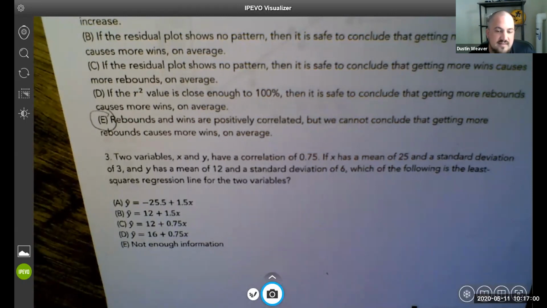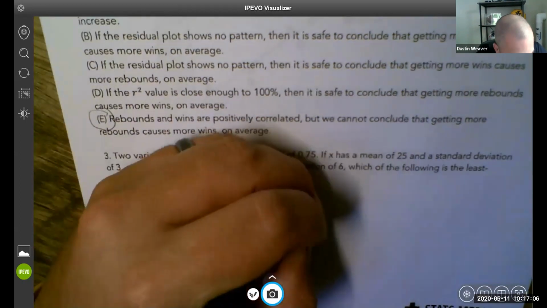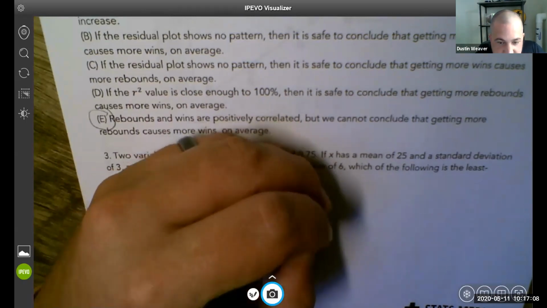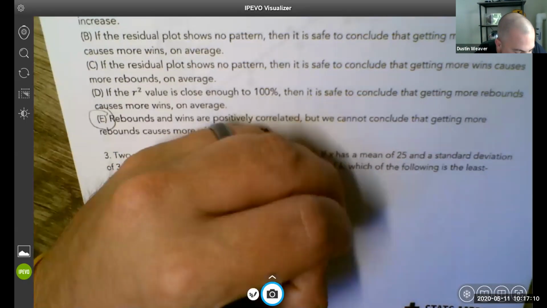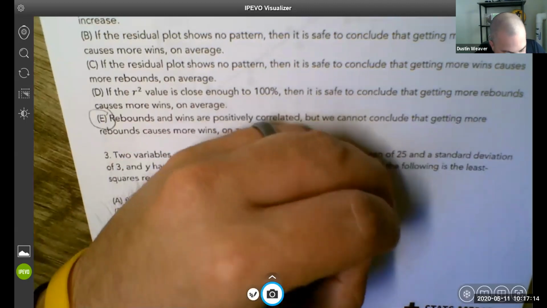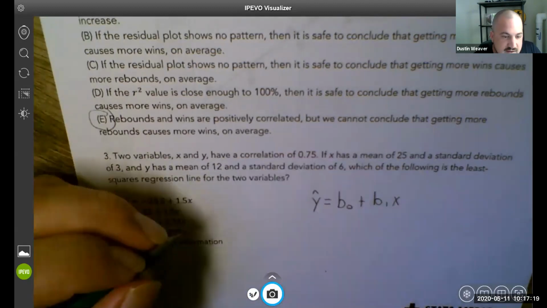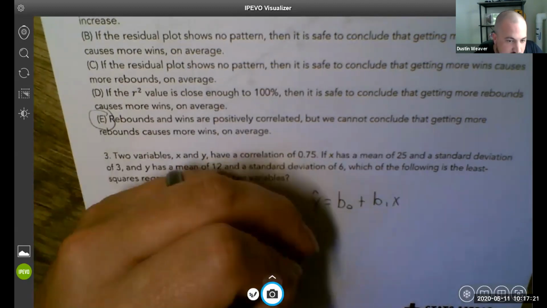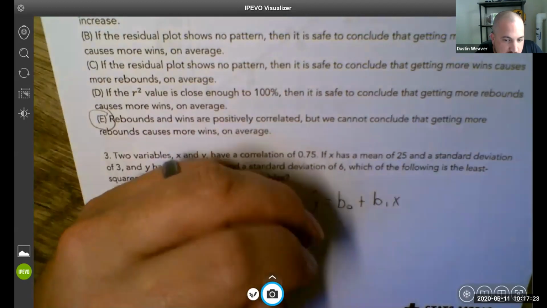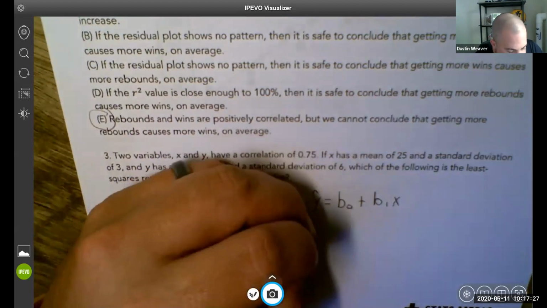All right, so to find the least squares regression line, here's what you would have to do. It looks like this. Here are our formulas. It's giving you a bunch of stuff. This is in your formula sheet. So Y hat equals B0 plus B1 of X. The first thing we can find is called B1.